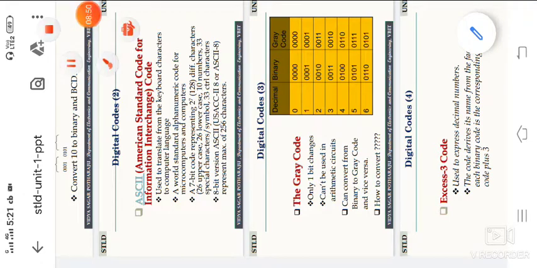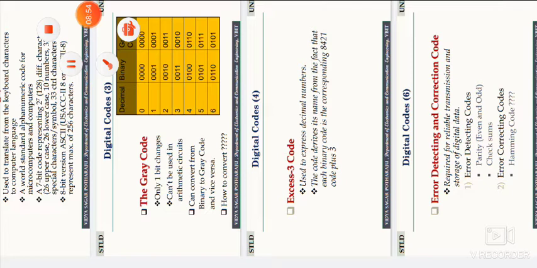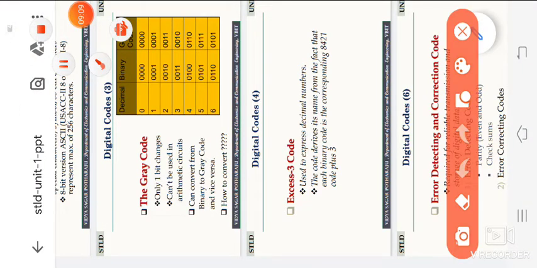The next one is the XS3 code. XS3 code is used to express decimal numbers. The code derives its name from the fact that each binary code corresponds to the 8421 code plus 3. For example, take the decimal number 9. To apply XS3 code, add 3, and after adding 3 we get 12.